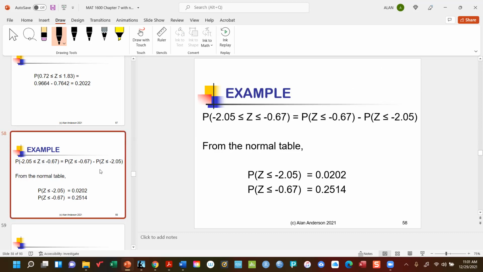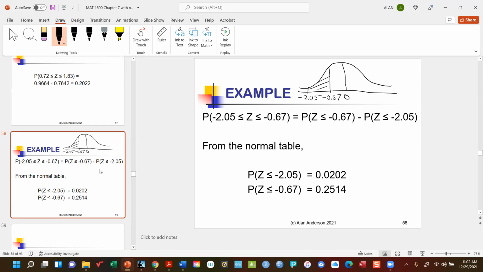All right, how about negative 2.05 up to negative 0.67. By the way, in this case, negative 0.67 is the larger of the two probabilities.